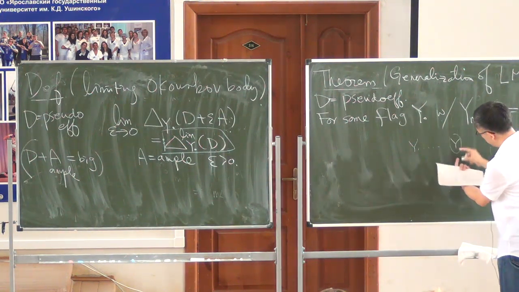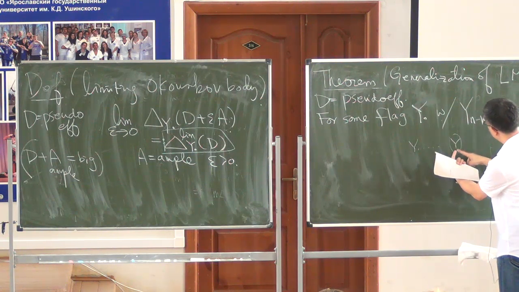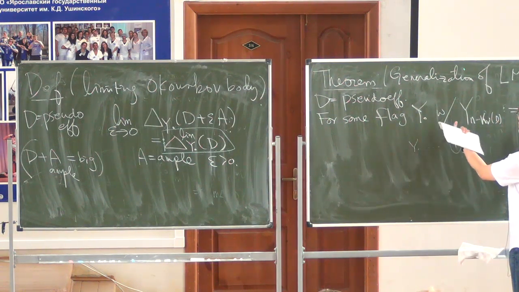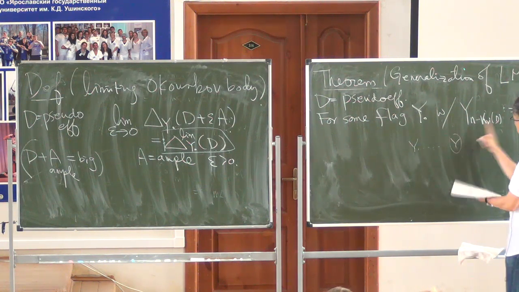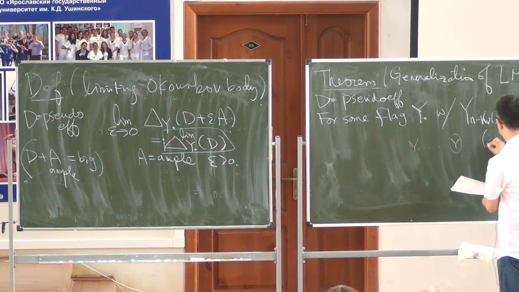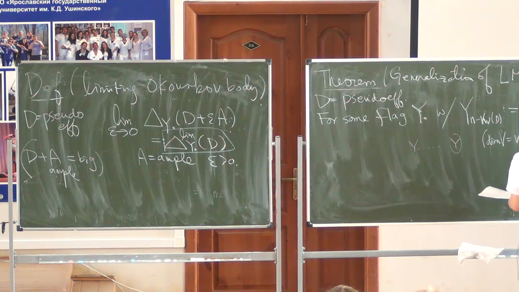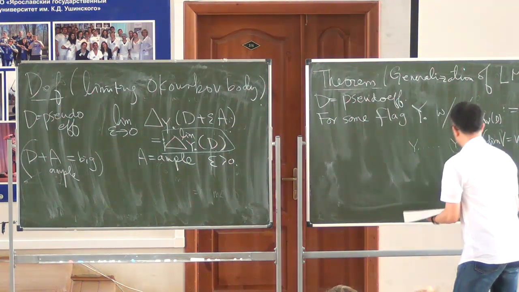But at some point, the dimension of Y_i is equal to the numerical Iitaka dimension. And okay, so this means the dimension of V is the numerical Iitaka dimension.